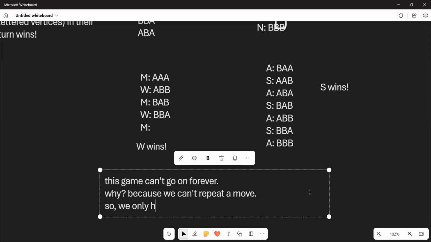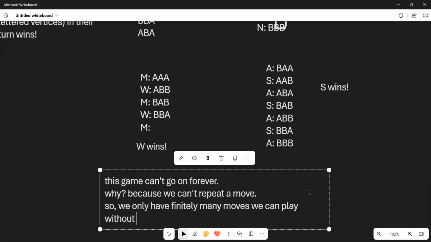So we only have finitely many moves we can play without repeating. In fact, we can use simple multiplication principle ideas that we've been seeing in the previous sessions to find that it's actually at most 8. We can have 8 such combinations ranging from AAA, AAB, ABA, BAA.